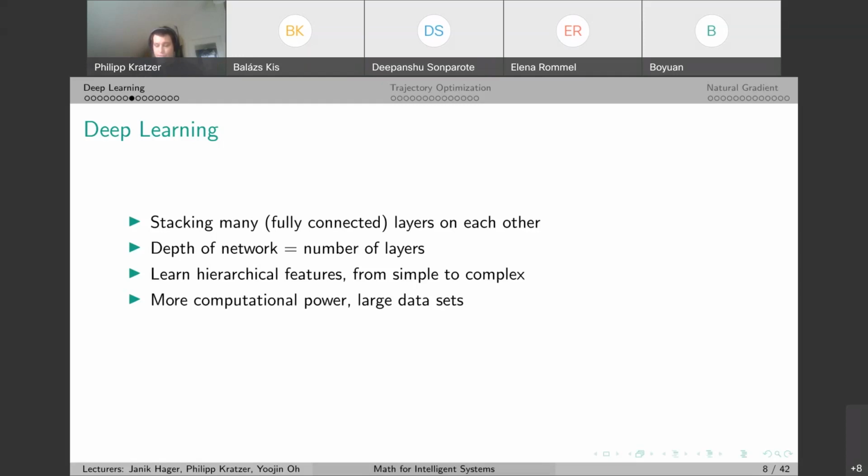And this is the main reason why it is so successful, because nowadays we have lots of computational power and we can capture lots of data, and deep learning performs super well with large data sets, but needs computational power, of course.